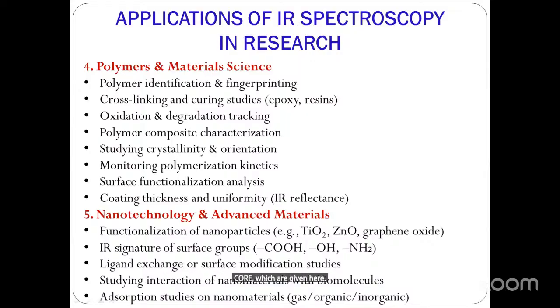And very importantly, we can use this technique for the analysis of polymers and materials. Various types of parameters can be studied by using IR spectroscopy. We can go for analysis of nanomaterials.